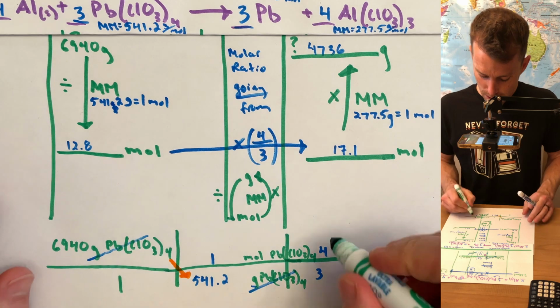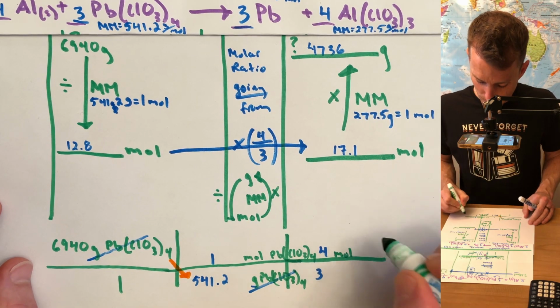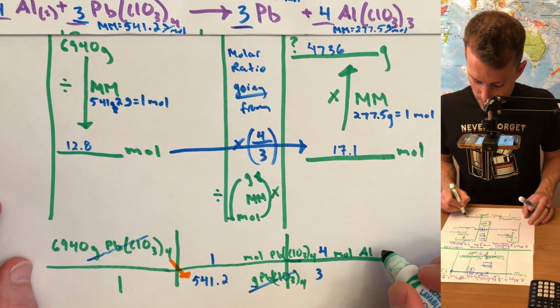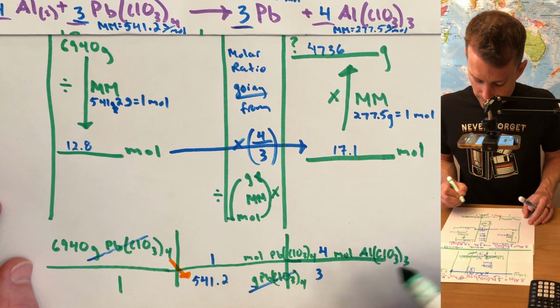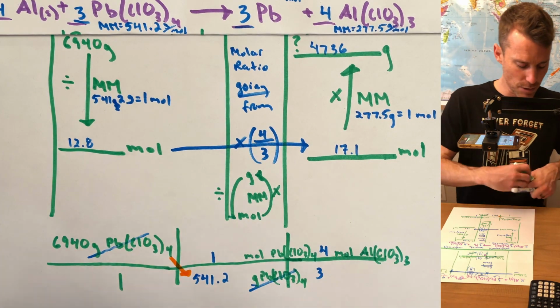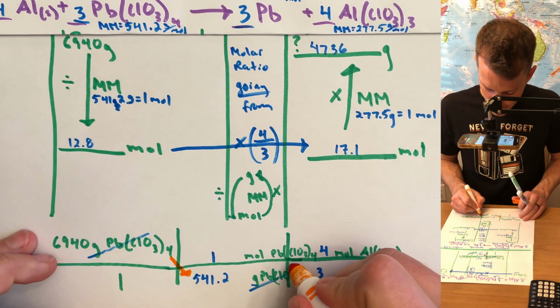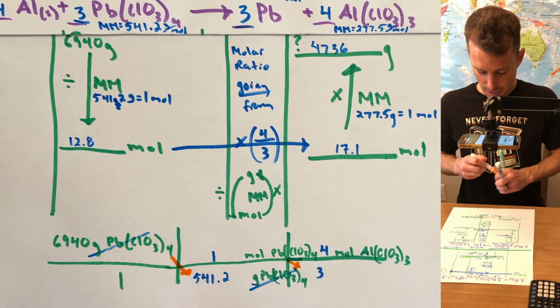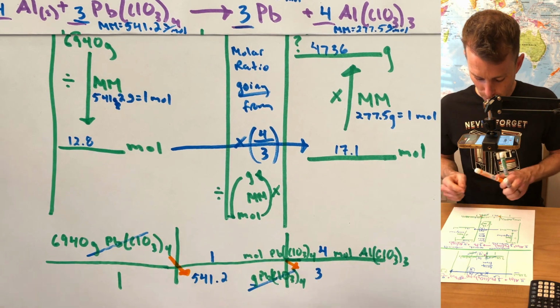So 4 moles of aluminum ClO3, 3. And the 3 is the one that I'm canceling right here. So if I brought this unit down, that is my moles of lead chlorate.